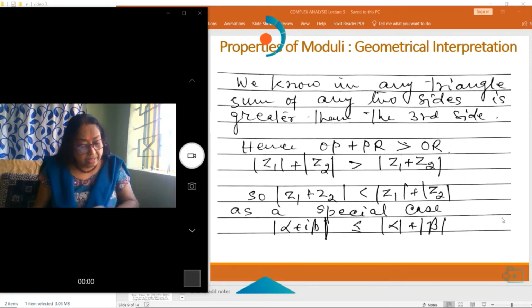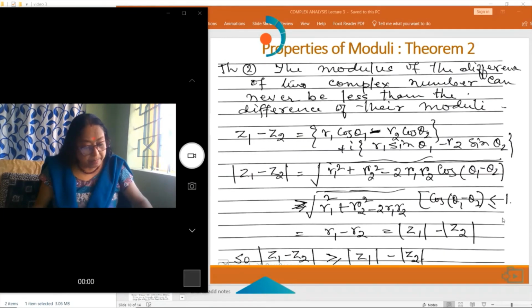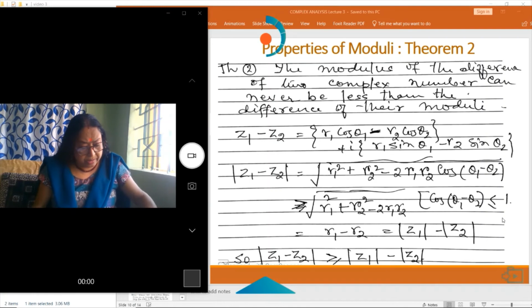Now, next theorem. The modulus of the difference of complex numbers can never be less than the difference of their moduli. That is, modulus of z1 minus z2 is greater than or equal to modulus of z1 minus modulus of z2. We know z1 minus z2 can be written as shown on your screen. Now modulus of z1 minus z2 is equal to the root of r1 square plus r2 square minus 2 r1 r2 cos of theta 1 minus theta 2.